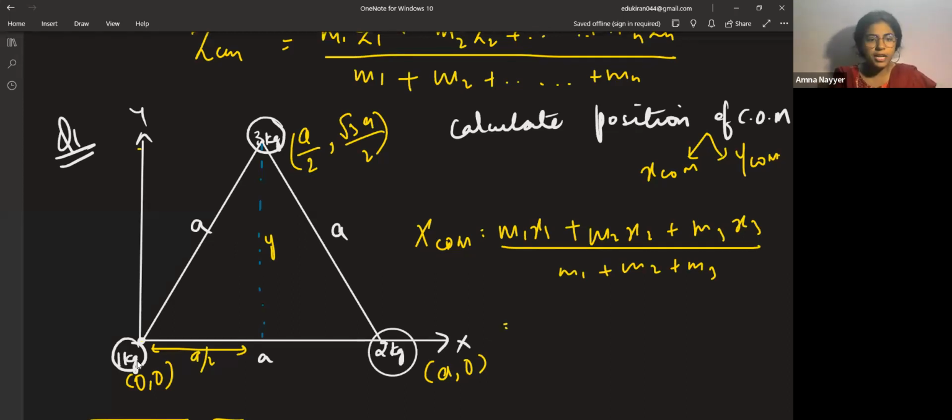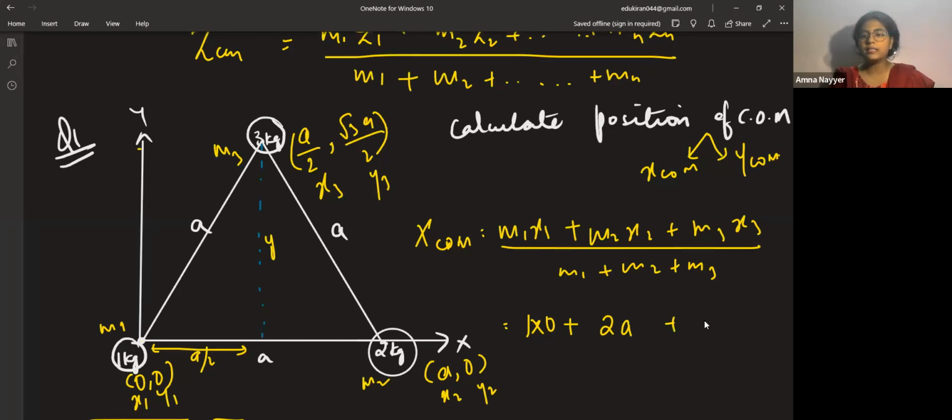So what is m1? m1 is 1 kg. This is x1, y1, and this is m1. So x1 is 0, plus m2, this is m2, this is x2, y2. m2 into x2, so 2 kg into a, plus m3. This is m3, x3, y3.